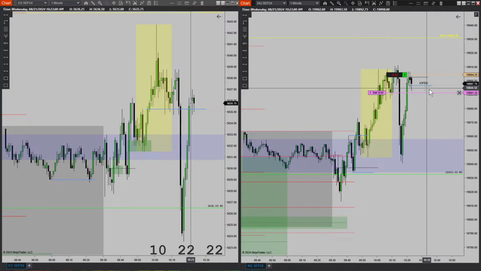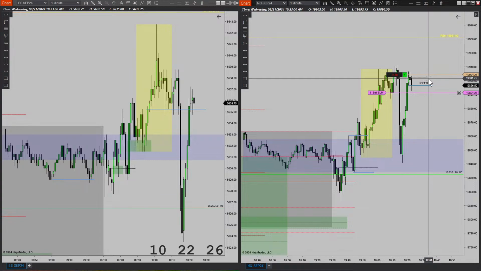I don't want to see any close below it. A couple more seconds, and I'll look to see.